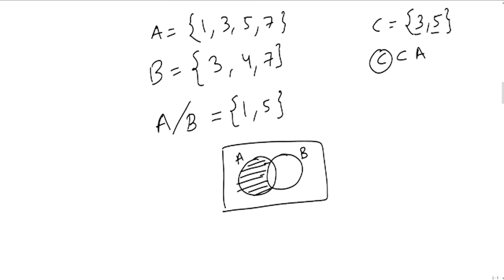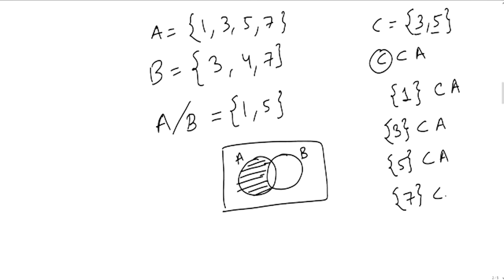Okay. So if I ask you, what are the possible subsets of set A? Which sets could be possibly subsets of set A? So let me give you a set containing only one element, 1. Can you say that this set is a subset of A? Yes, we can, because 1 lies in A. Right? If I give you a single element set 3, this is also a subset of A. Similarly, 5 is also a subset of A. 7 is also a subset of A. Okay, this is fine.